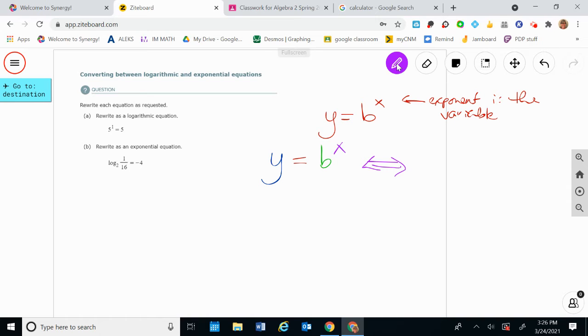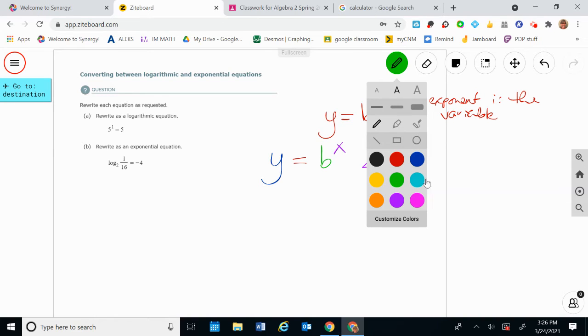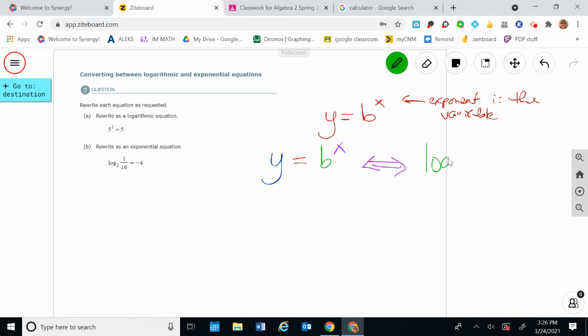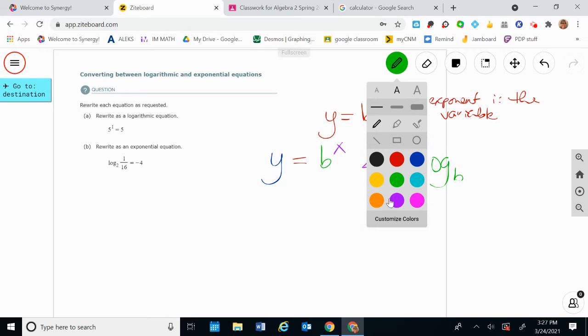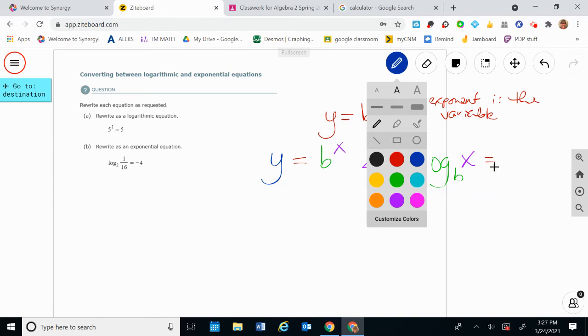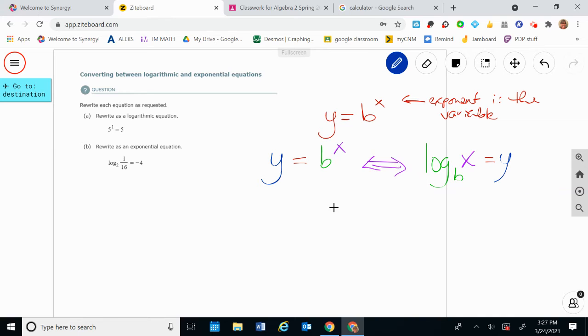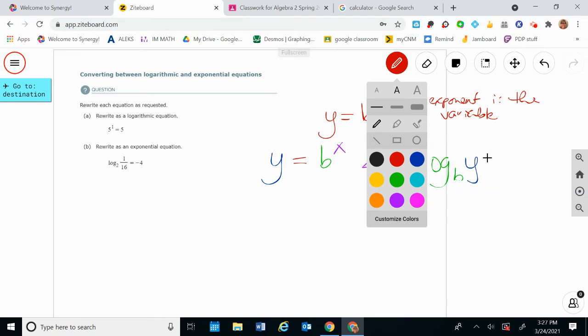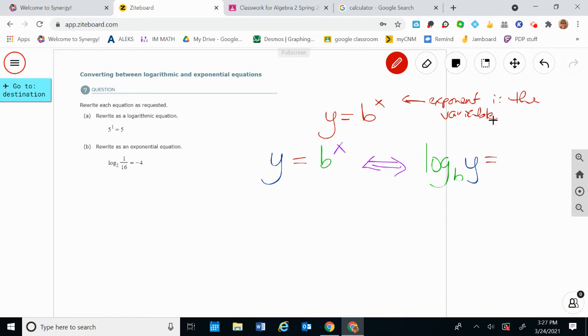It goes log b of x equals y. And wait, no, it's log b of y equals x. My bad. I know this. Log b of y equals x, and x is purple.